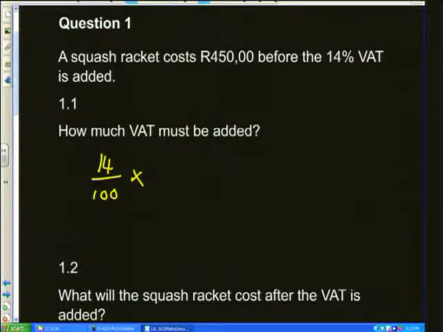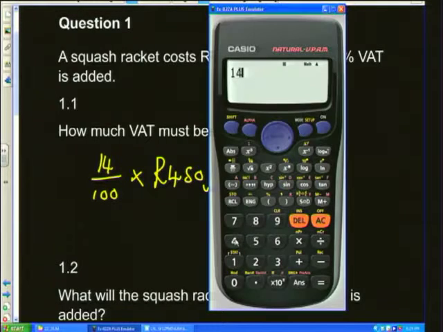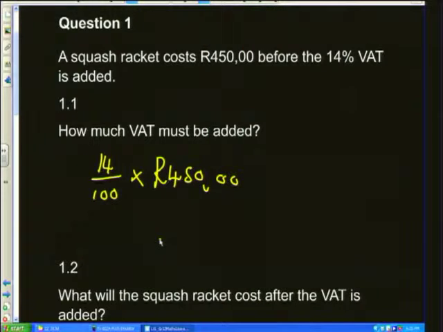So 14% of 450 Rand. 14% means 14 over 100. I'm going to multiply that by the cost of that racket, which is 450 Rand, which gives me a total of 63 Rand. Okay, that's an R, by the way.